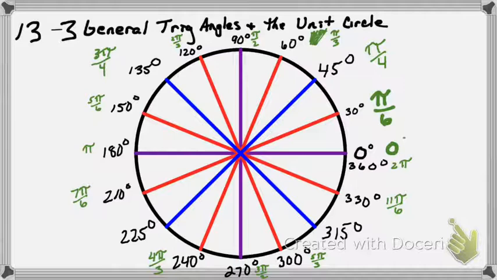I have to remember to go by fourths and sixths. 180 would be 4/4, which is already on there. It's pi. What about 225? 5/4. 270 would be 6/4, which is already on there, 3/2. And then 315 would be 7/4. And then 360 would be 8/4, which is 2 pi. Okay?